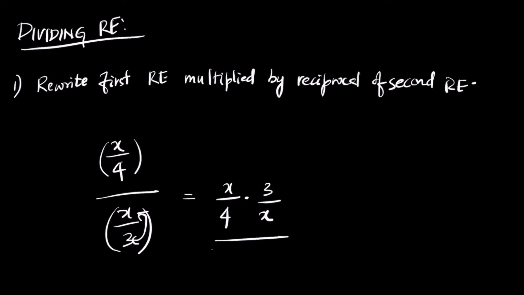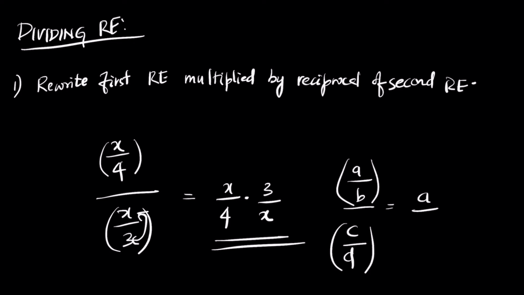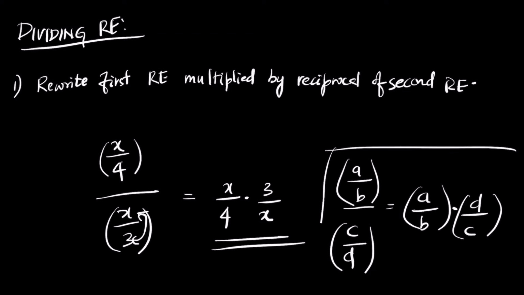So a/b divided by c/d can be written as a/b times d/c. This is the process of taking the reciprocal of the second expression and multiplying it with the original numerator. So this is the first step.